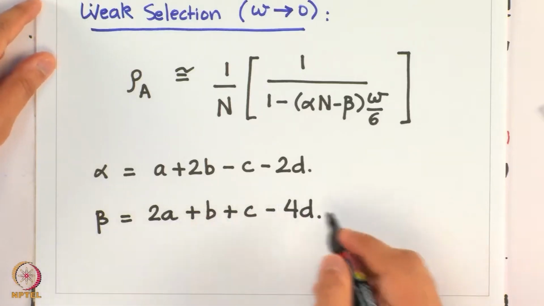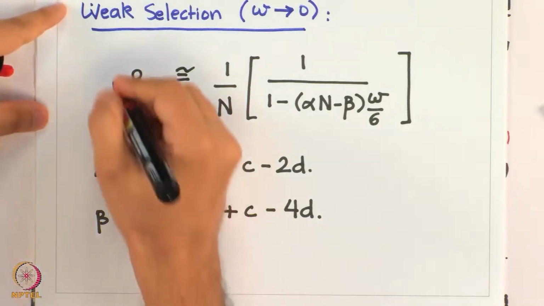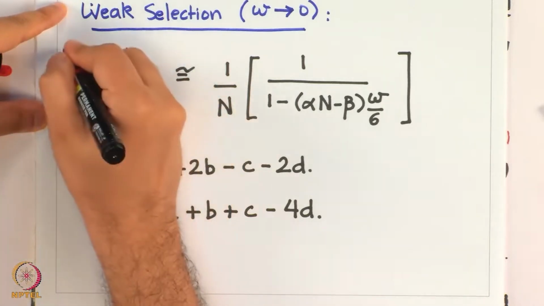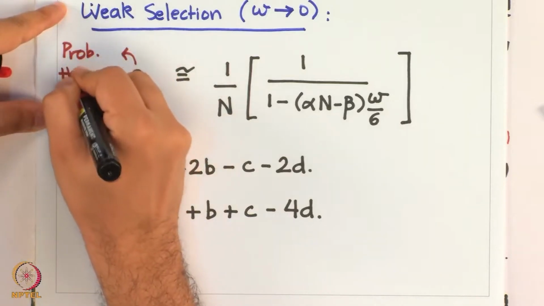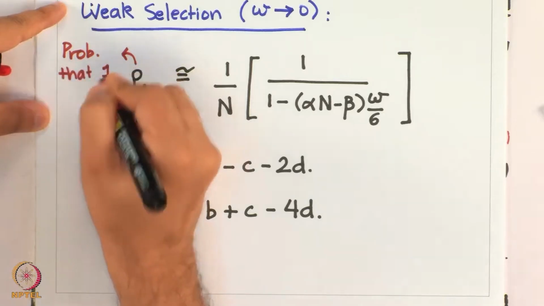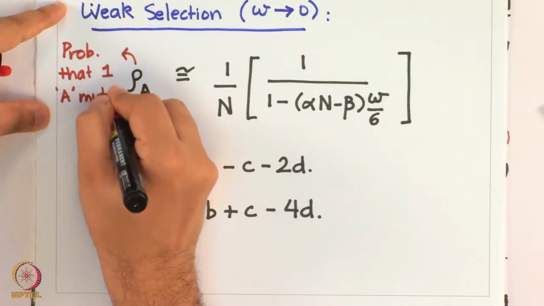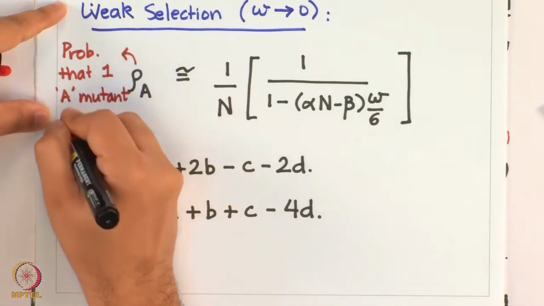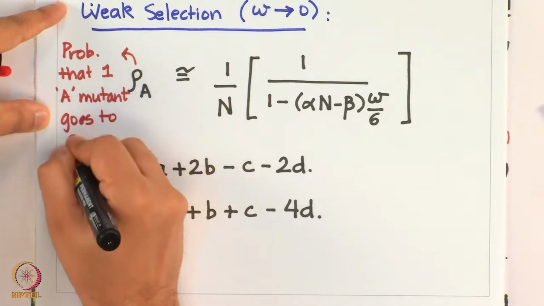A, B, C, D are the elements of the payoff matrix, and rho A is the probability that one A mutant goes to fixation.